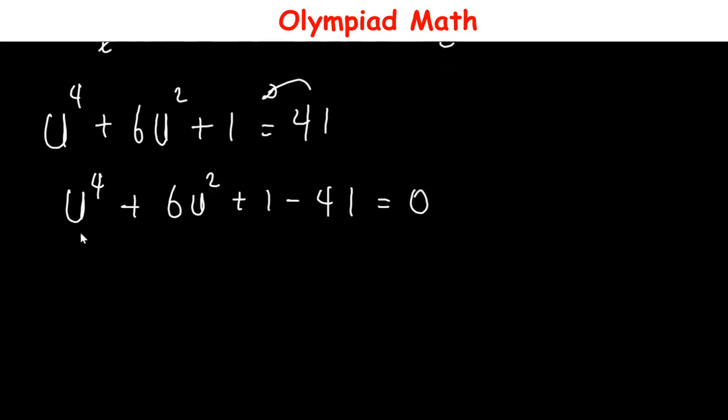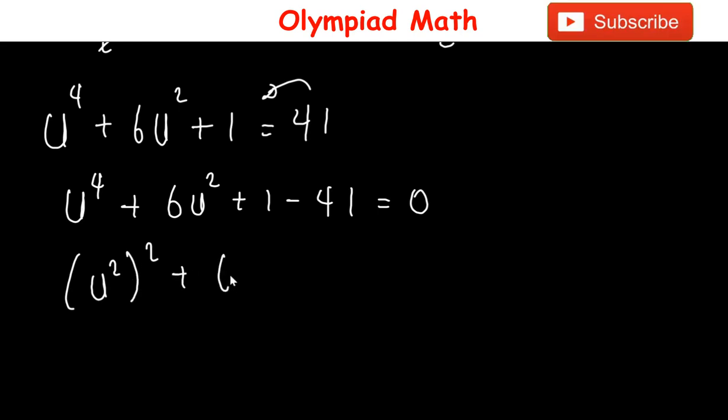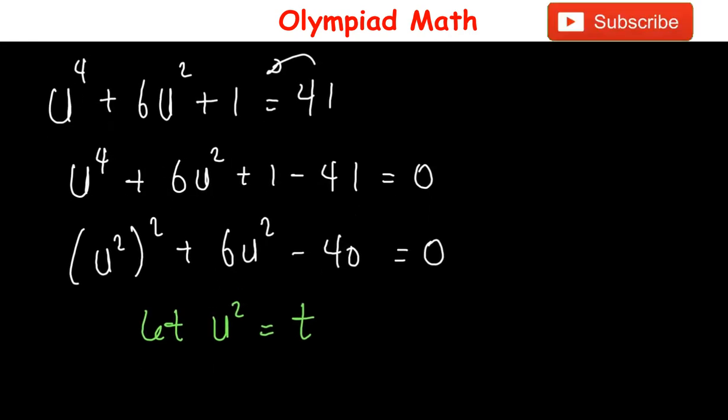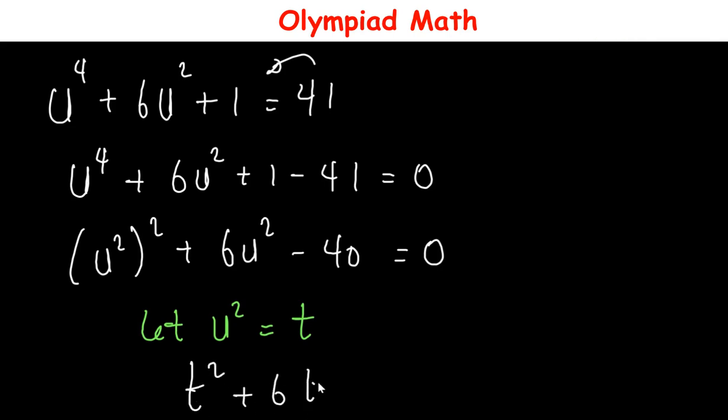So we have (u squared) all raised to the power of 2 plus 6u squared, then plus 1 minus 41, which is minus 40, equals 0. At this junction, let u squared equal t, such that this equation becomes t squared plus 6t minus 40 equals 0.